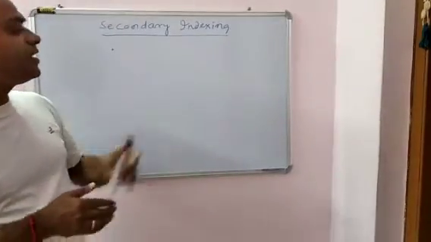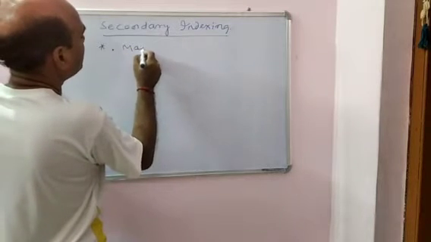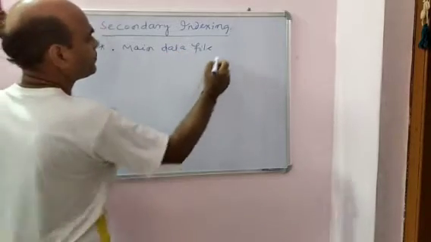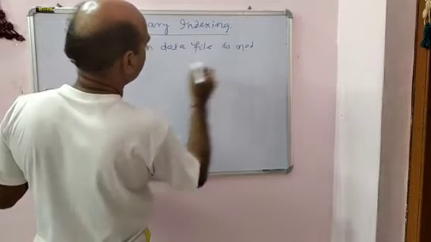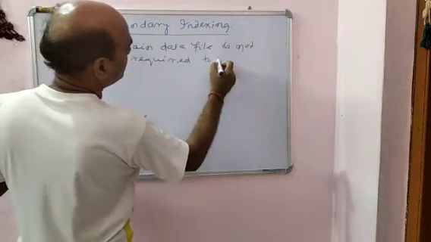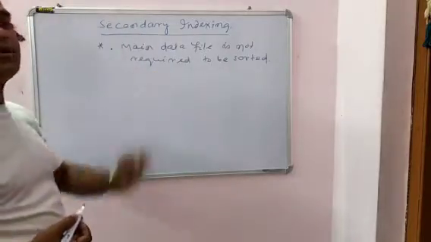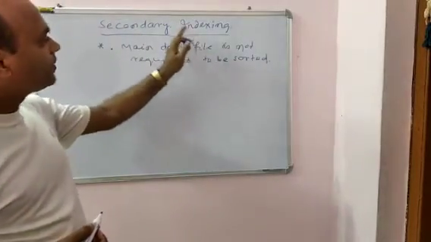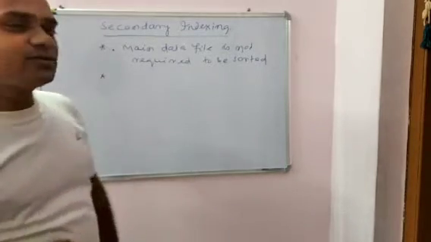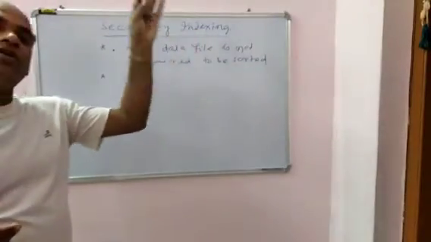But in secondary indexing, the main data file is not required to be sorted. It is not necessary that the main file will be sorted. In secondary indexing, as its name says, secondary means indexing has already occurred.